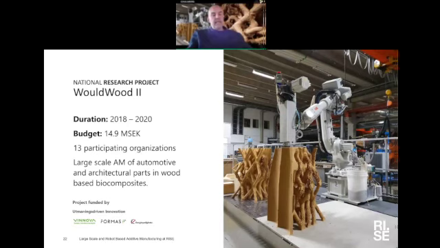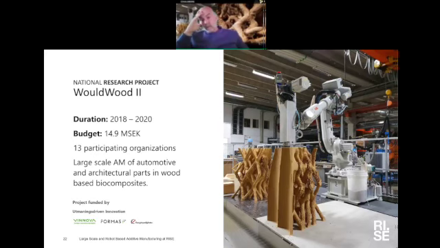So this is an application that is ongoing, and we are waiting for this to happen, where we can develop this technology further. And the picture we see here to the right is basically that studio project that we did, printed at the Research Institute of Sweden's manufacturing facility in Gothenburg, or in Mölndal in Sweden.